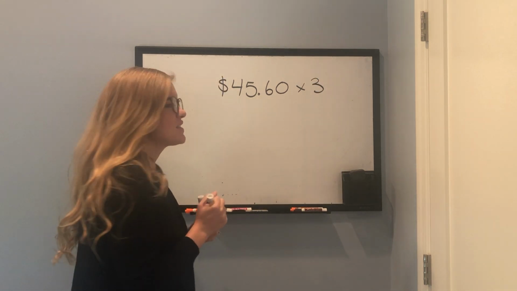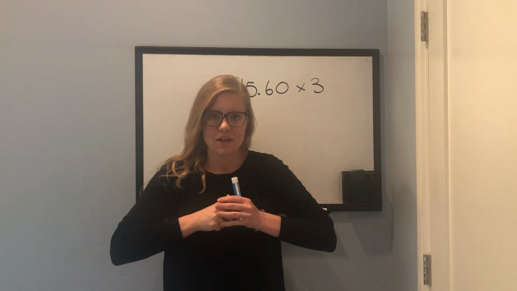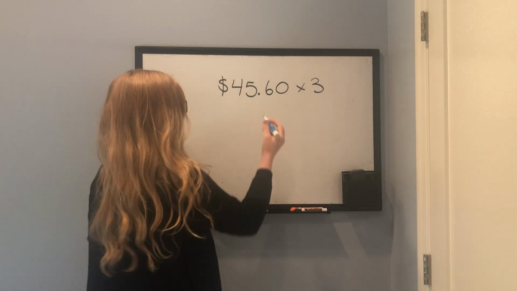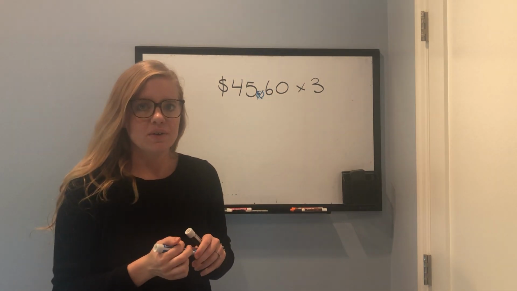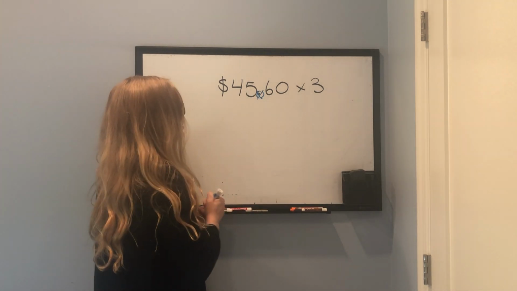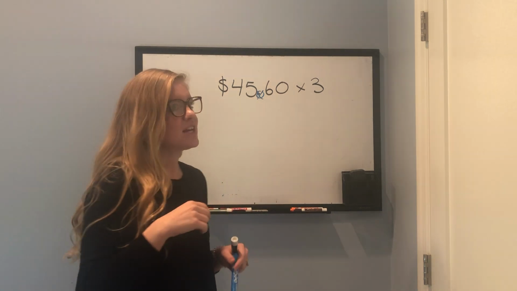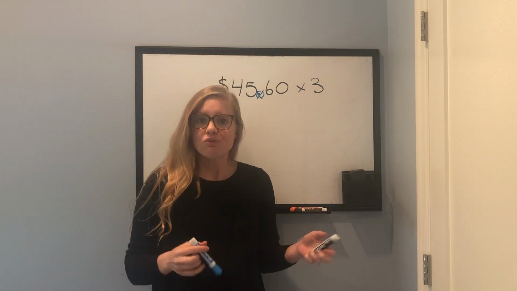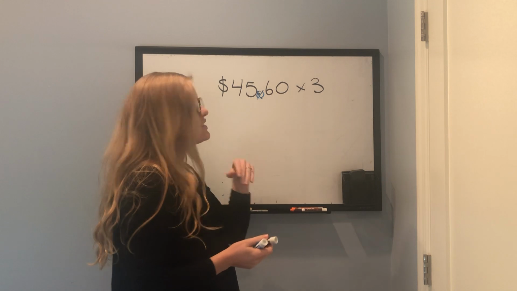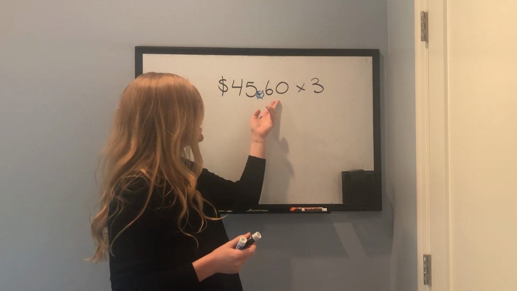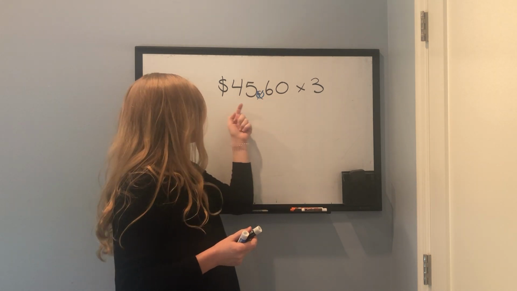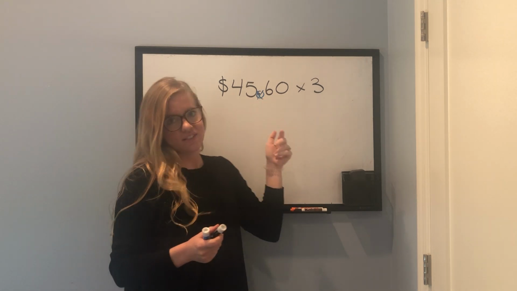Okay, so it's the same thing. You're going to take away the decimal point, and then you're going to multiply. Really what we're doing when we're taking away the decimal point is converting the dollars and cents into just cents. So here we have $45.60, but now it really just is 4,560 cents.